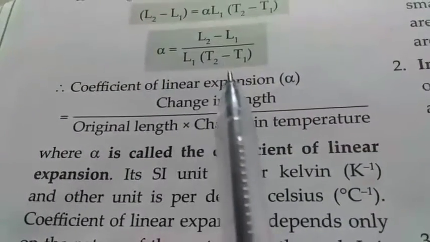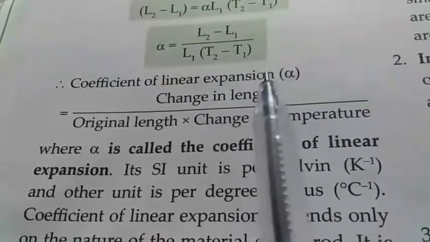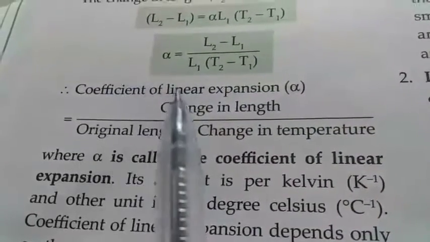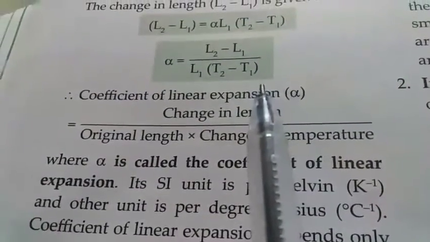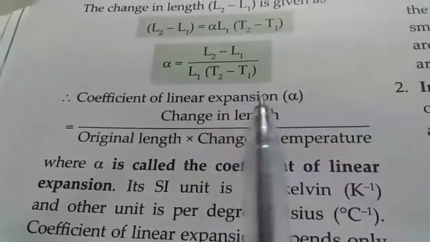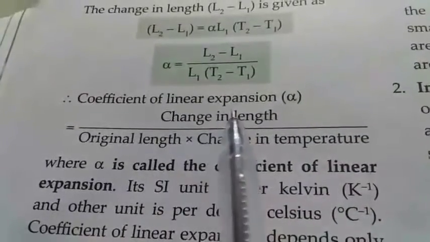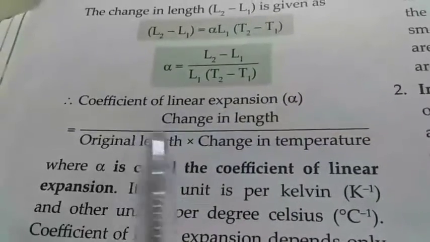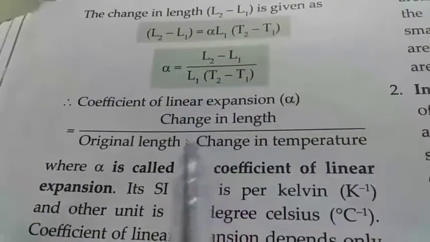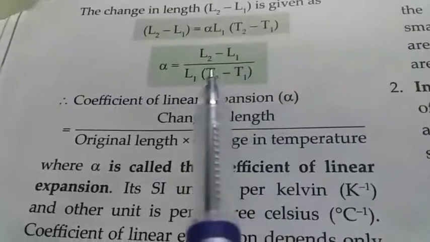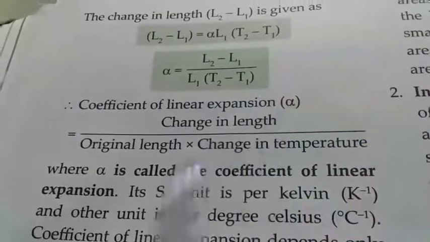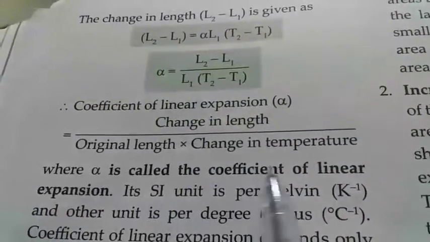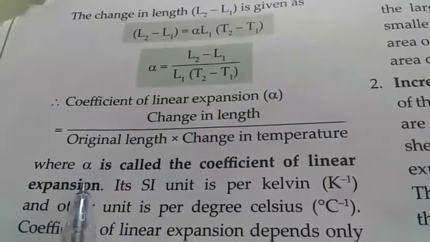Due to thermal expansion, its length increases. So the coefficient of linear expansion is equal to the change in length, L2 minus L1, upon original length L1 into change in temperature, T2 minus T1. Here alpha is called the coefficient of linear expansion.